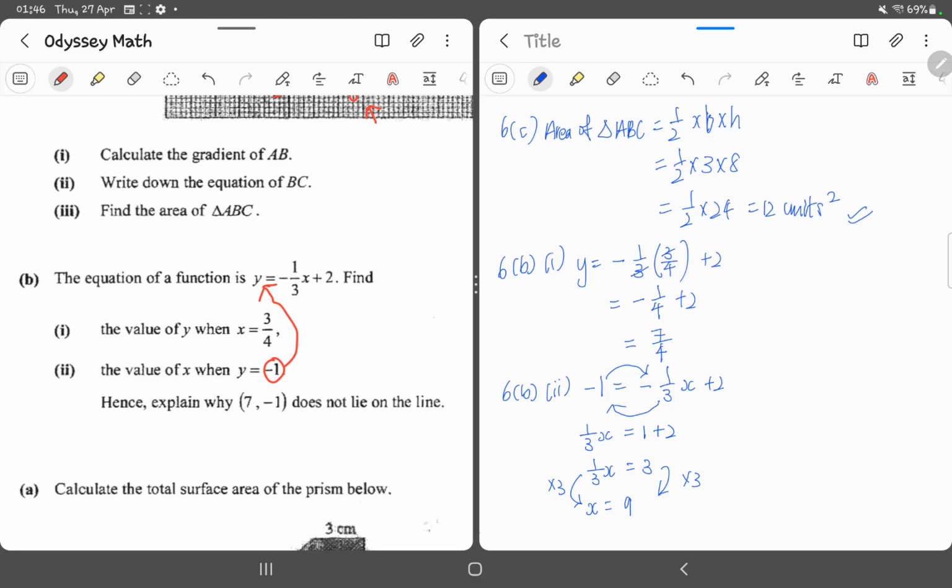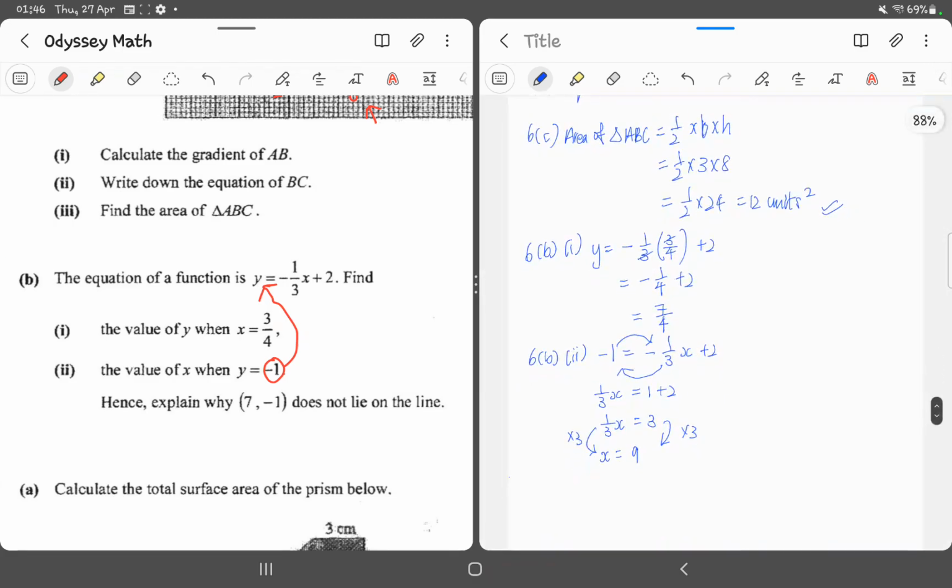What we are doing here is finding the coordinates of the points on the line. What this means is that this point here with coordinates 9, -1 is on the line.